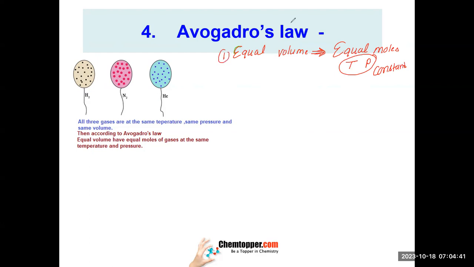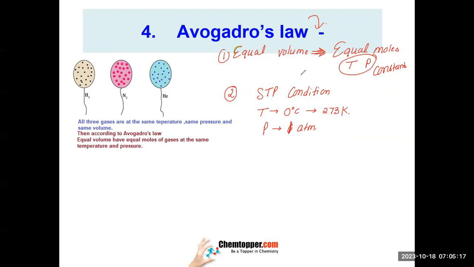This is one thing which we have understood from here. Second important thing is STP condition, which we have done earlier. Do you remember STP condition? Temperature is 0 degrees Celsius, which is 273 Kelvin. Pressure at STP? 1 atm.